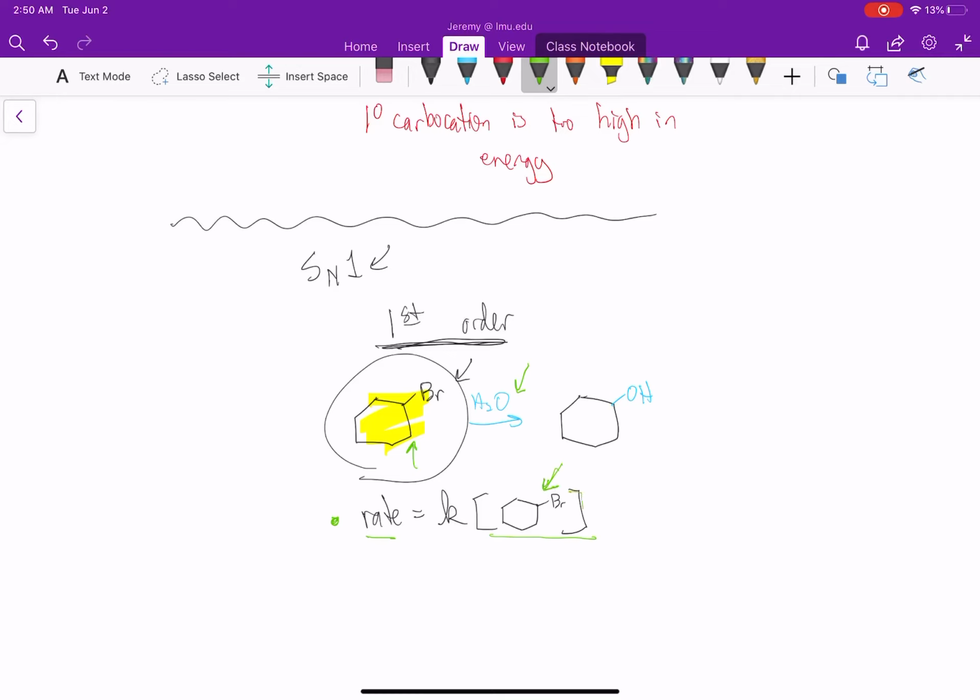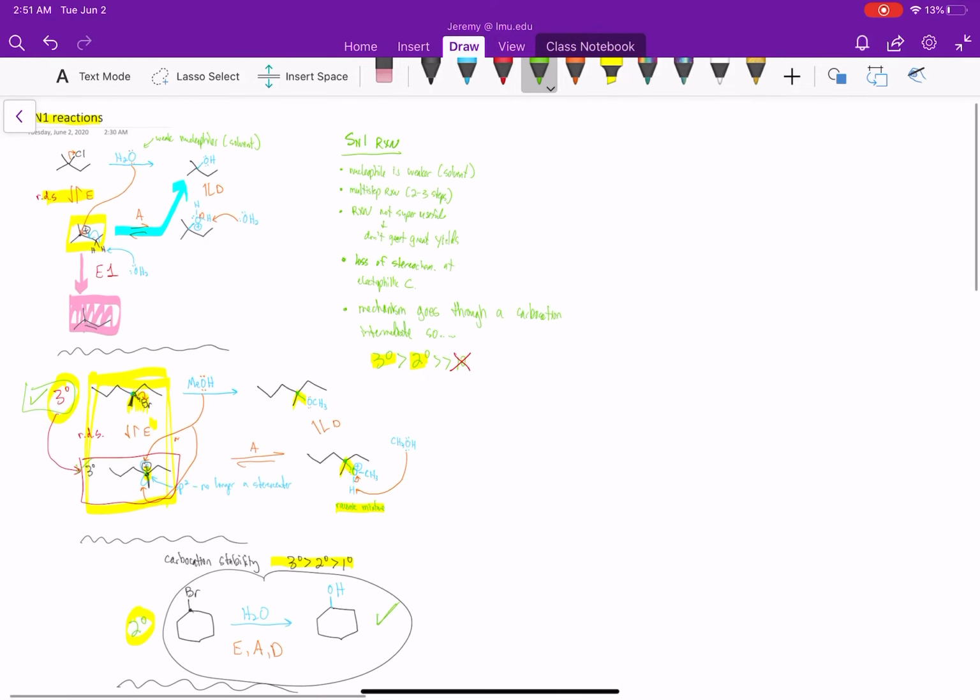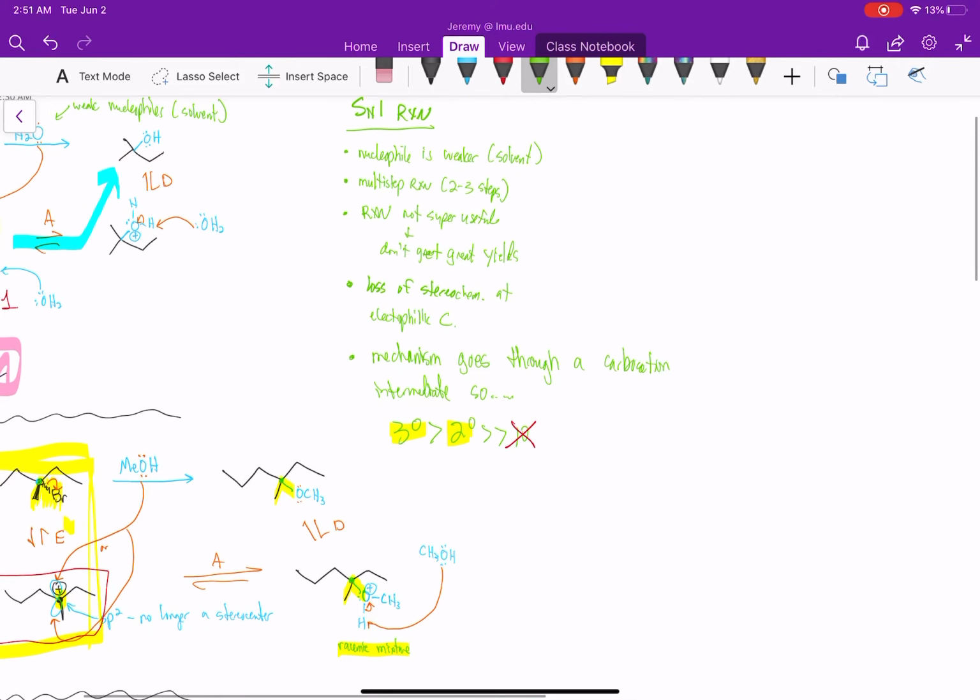Remember, that is a concentration, moles per liter. We've doubled the concentration if I've changed my solvent, which also happens to be my nucleophile, so my rate is also twice as fast. The last thing we have to remember for our notes is that this is a first order reaction.